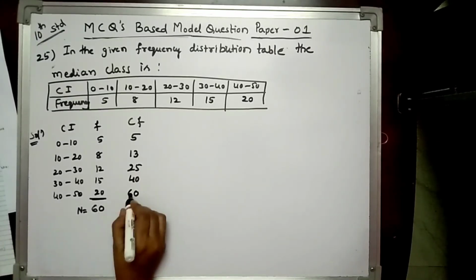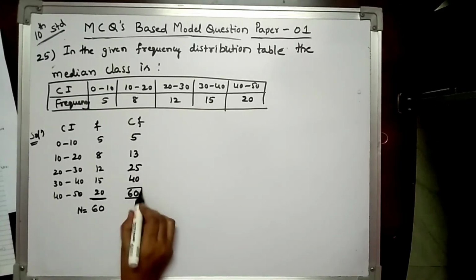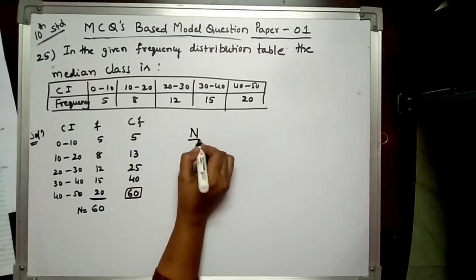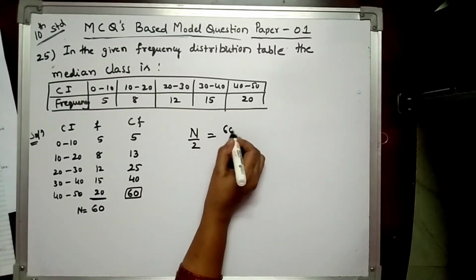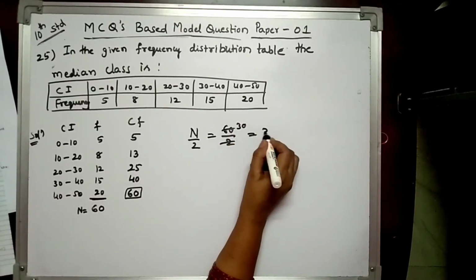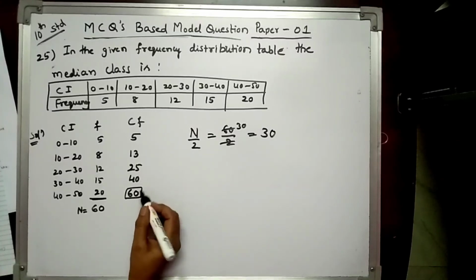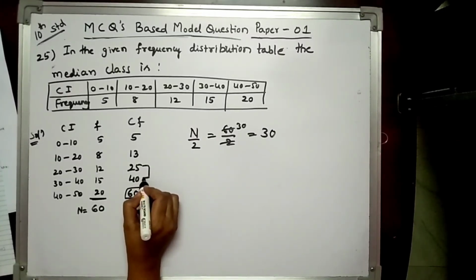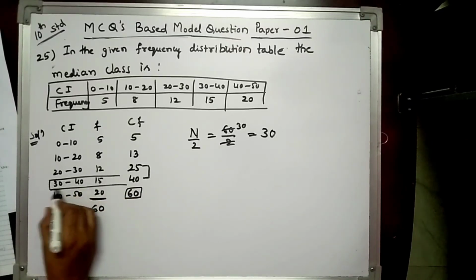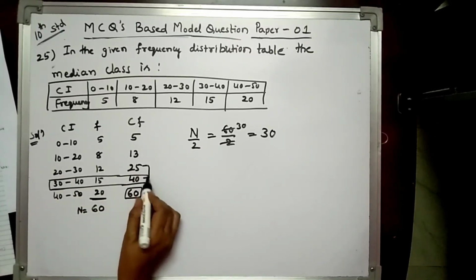Both should be equal, no? 60 and 60. Then take n by 2, that is 60 by 2, which is 30. Where will it come? It comes between these two ranges. Yes, so this is the median class interval.